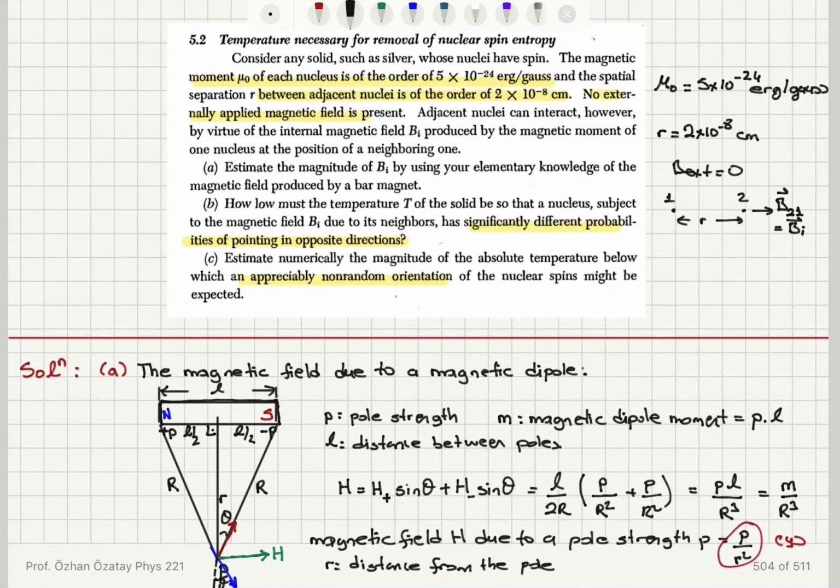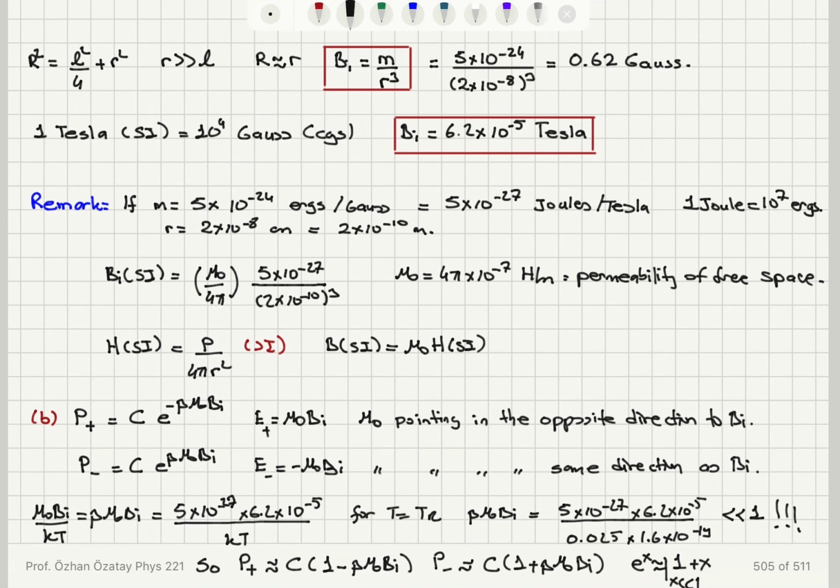I want the probabilities of pointing in opposite directions to be significantly different. So I'm looking at one extreme case where the probability of one orientation is 1, the other one is going to 0. So the probabilities basically will be given by canonical distribution. So this is one nucleus in thermal contact with the rest of the solid. We have a small system in contact with a large heat reservoir, so that's the case.